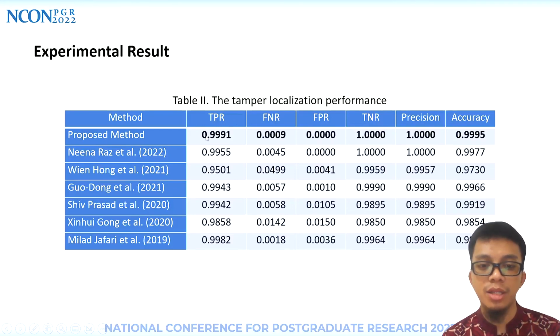It shows that our proposed method can detect the tampered region in 99.91%. As a result, the precision of our algorithm is 100%, while the accuracy is 99.95%. It is much better compared to the existing methods.